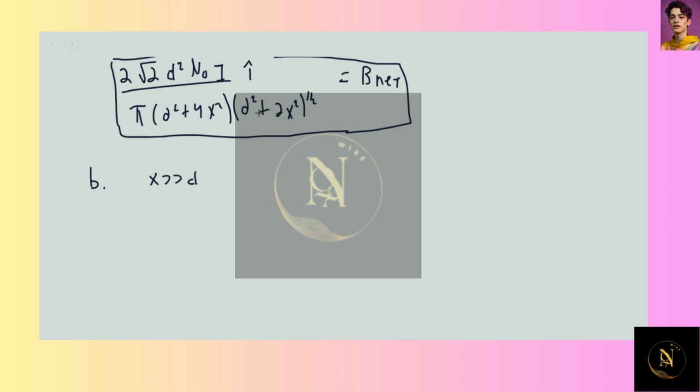When x is really large, the little contribution that adding d squared does is negligible. So we say our B is going to be 2 root 2 d squared mu naught I in the i hat direction, over pi, and then we just have 4x squared times 2x squared to the 1/2, so just root 2 x.